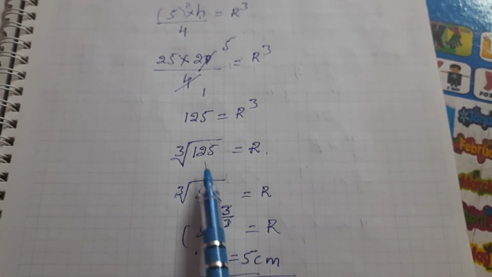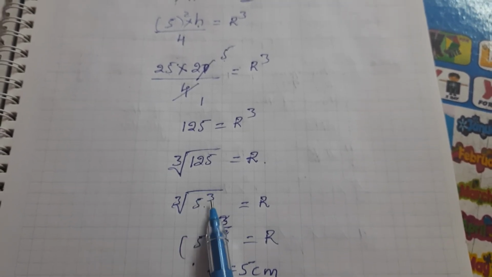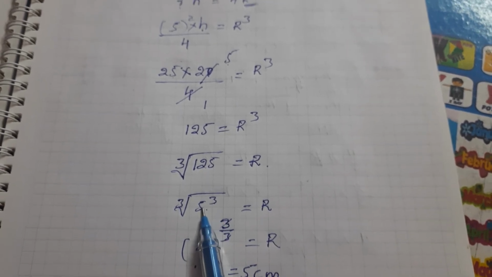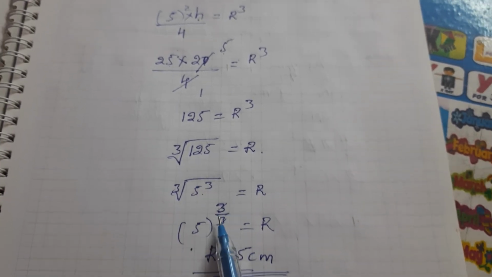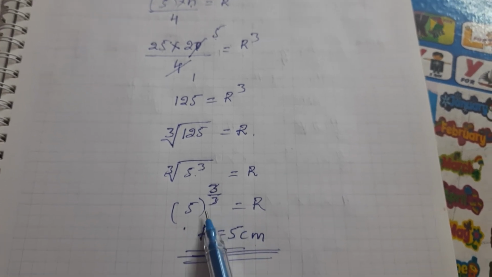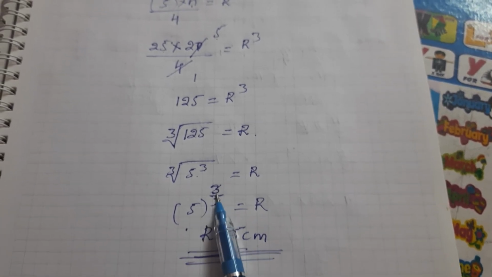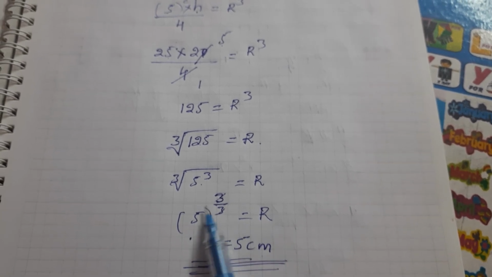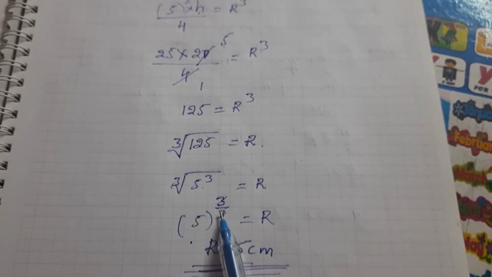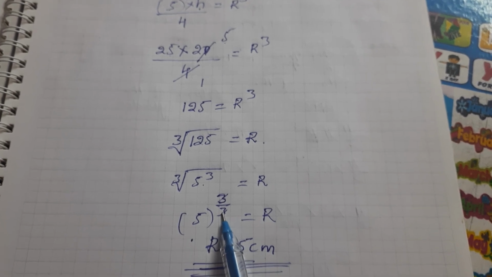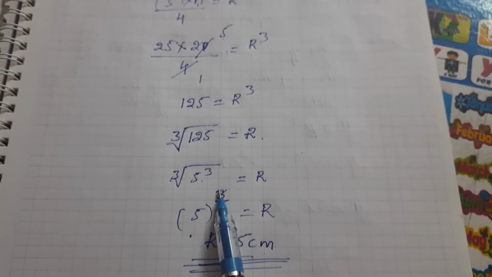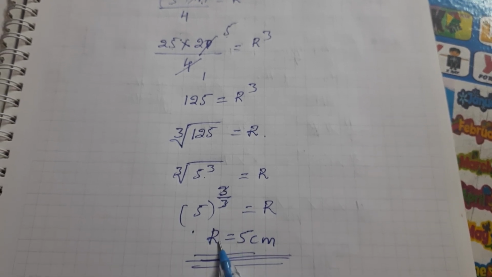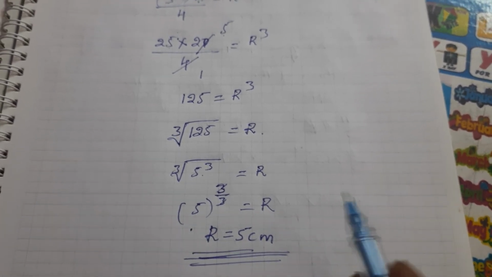Cube root of 125 can I write 5 cube. 5 cube means multiply 5 by 3 times, it will become 125, and write it in the index form, that is 5 to the power of 3 by 3, that is r. So order always written in the denominator, and the radicand power is written in the numerator. 3 3 get cancelled, so r is equal to 5 centimeter.